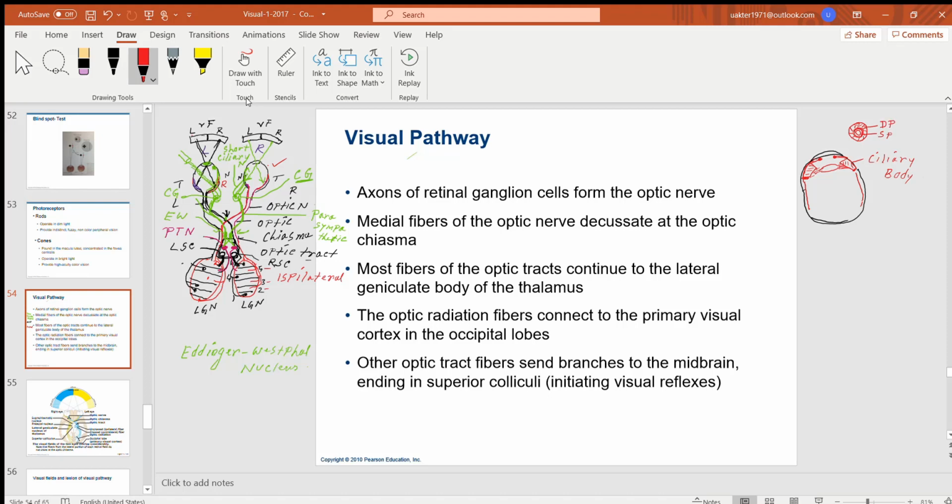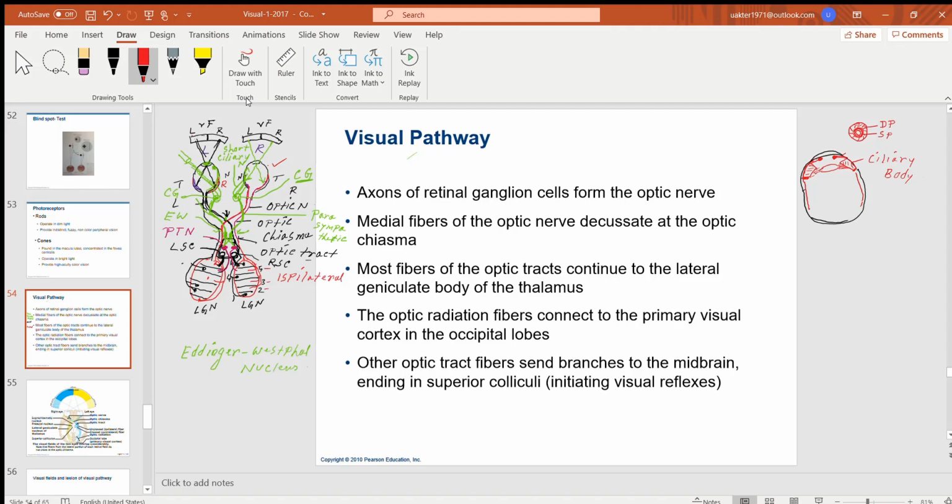Two muscles, or we can say inner circular constrictor muscle and outer radial dilator muscles.